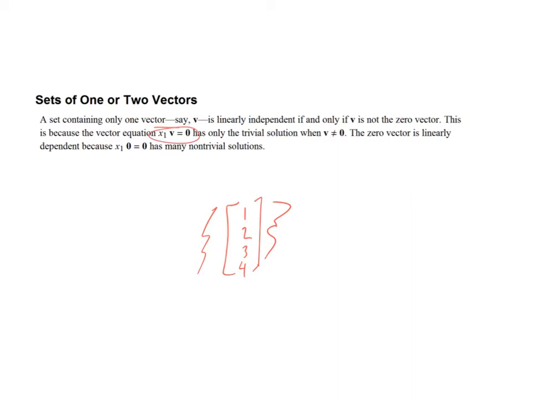The only way to have a scalar x1 times 1, 2, 3, 4 equal 0 is when that scalar is in fact 0. So that set is linearly independent. But if I'm talking about the 0 vector, that set is always linearly dependent.